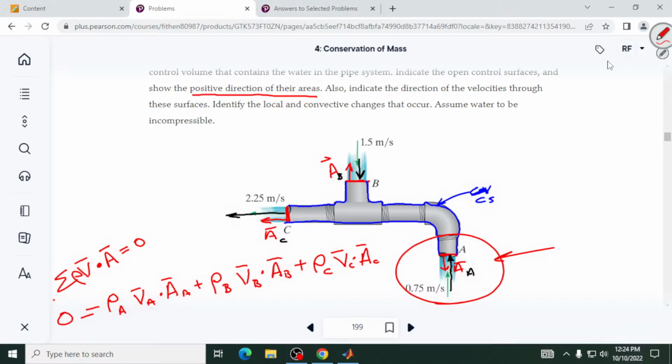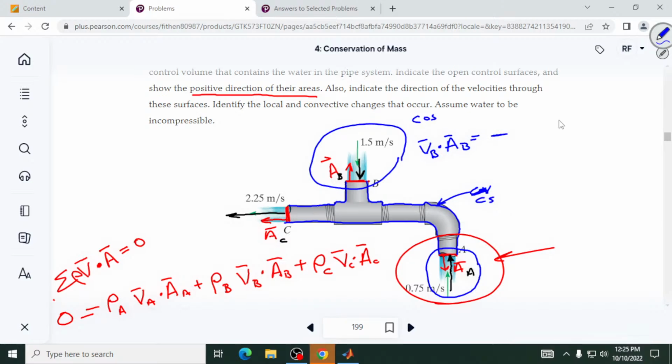And the values for A and B are going to be on opposite sides of C. Yeah, so what you're going to have, this one is going to be in, this one is going to be in. So if you say VB dotted with the area at B, you're going to get a negative because they're 180 degrees apart.